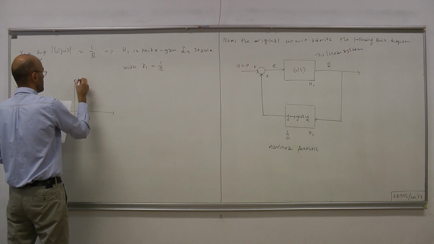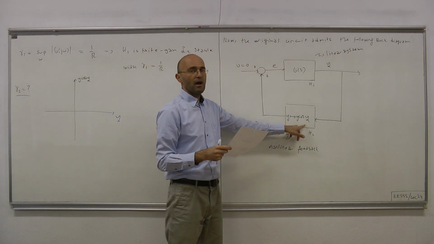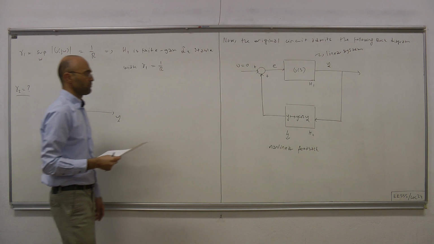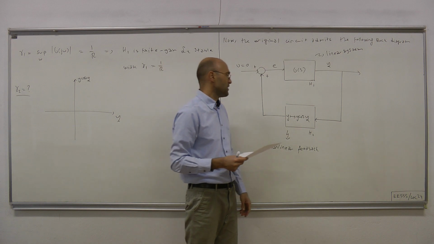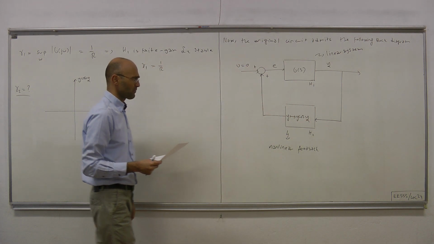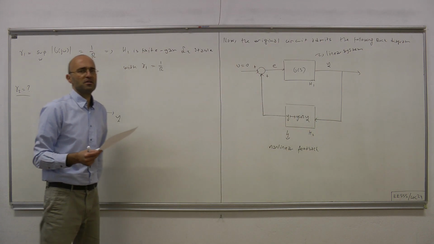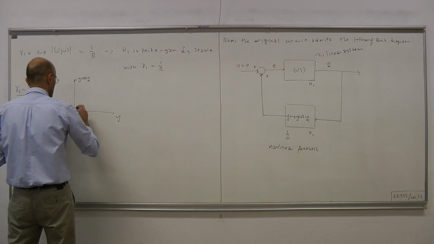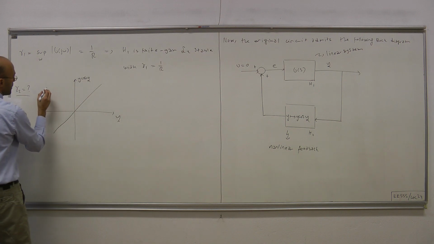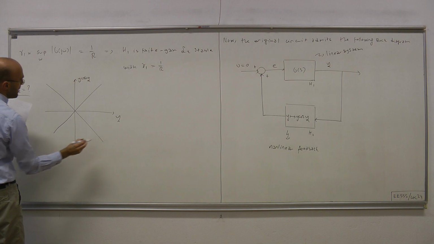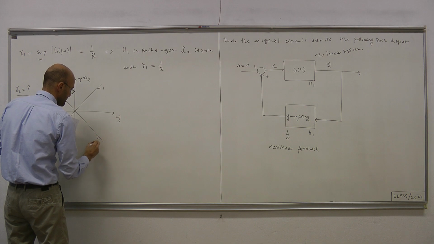So let's sketch the input versus output for this map. Note that the output is y times cosine y. Cosine y does oscillate, but it has one nice property, and that property is that its magnitude is never larger than 1. Therefore, the output always remains within this envelope. Here the slope is 1, here the slope is -1.